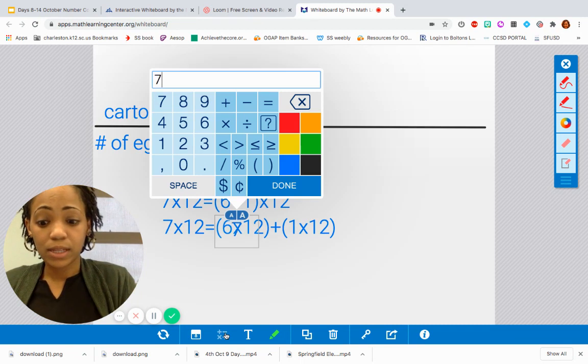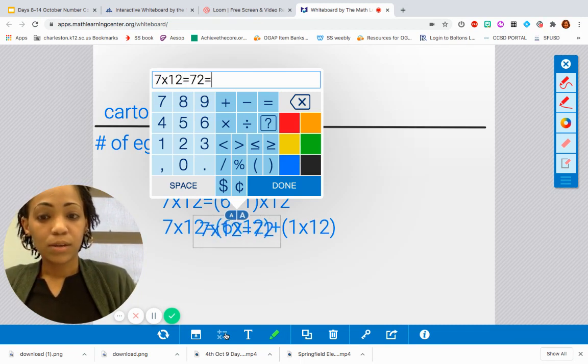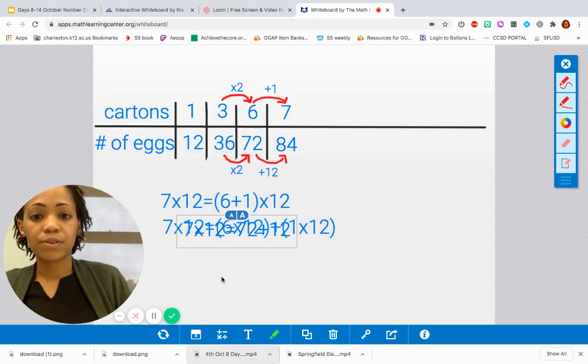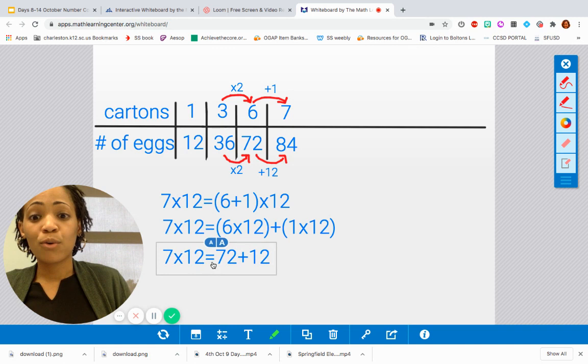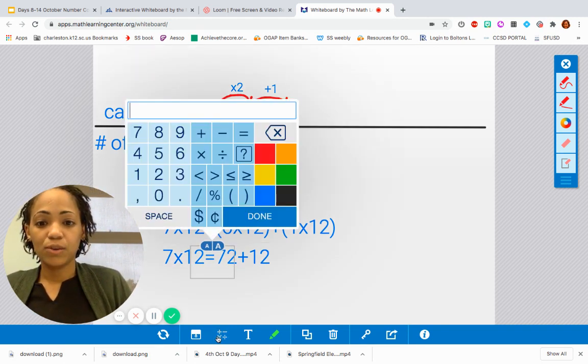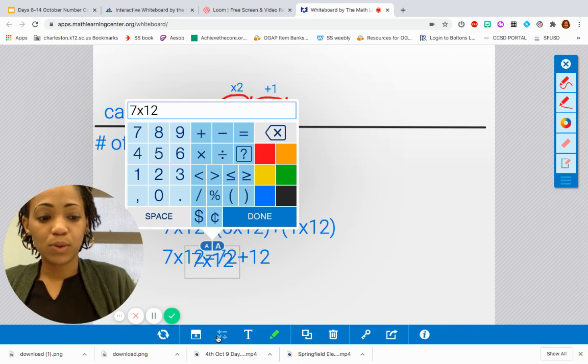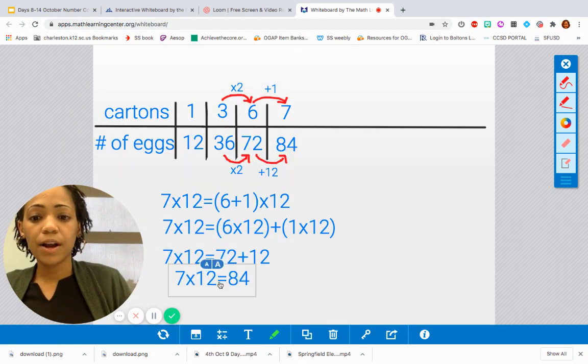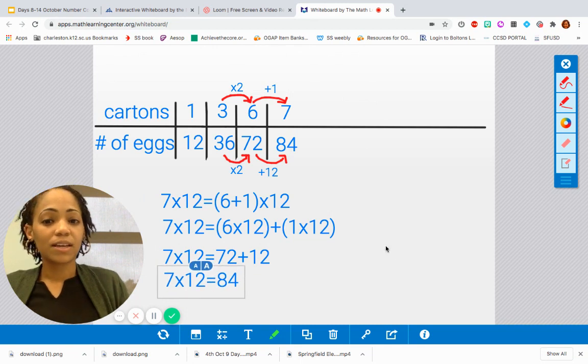So here's what it then looks like. 7 times 12 equals 72 plus 1 times 12 is 12. And then we can solve for 72 plus 12, which is, you got it, 84. So 7 times 12 equals 84. All right, y'all with me? Good, let's keep going.